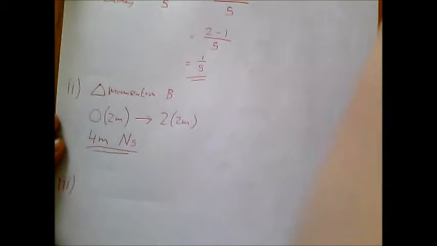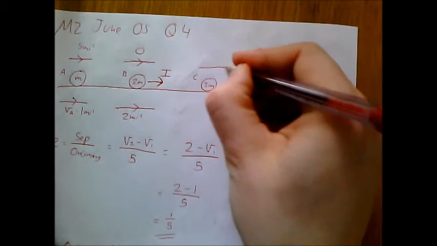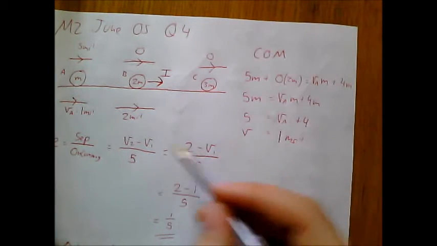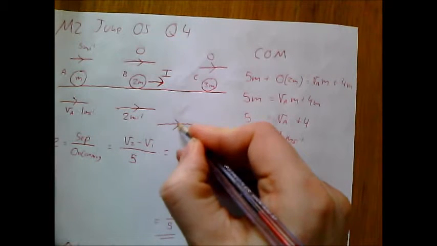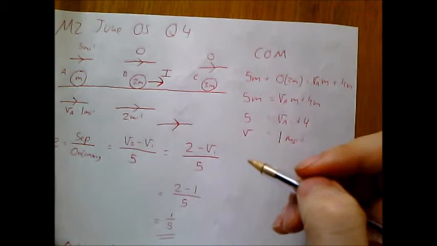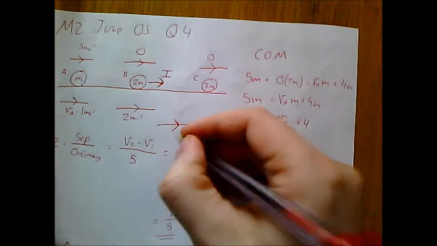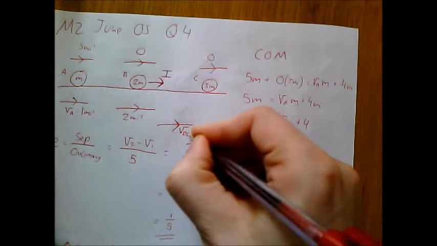So let's go back to our original diagram and add on some further information. C is stationary, and after this collision both particles will coalesce and have a second speed which we do not know, VBC.